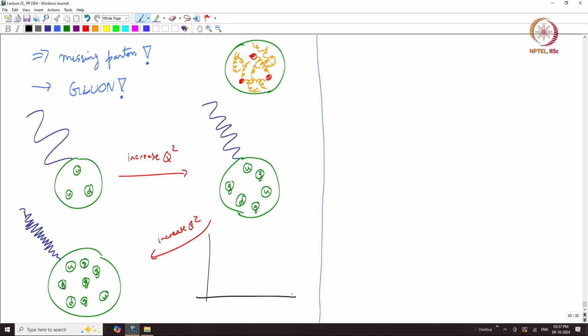So, to draw a rough diagram, a plot of the PDFs, if this is xb times fg of xb, and if this is xb, then I have, at high q squared, the PDF looks like this, and then as I decrease q squared, at low q squared, the PDF will look more like this.